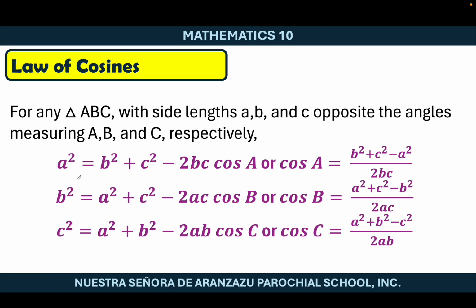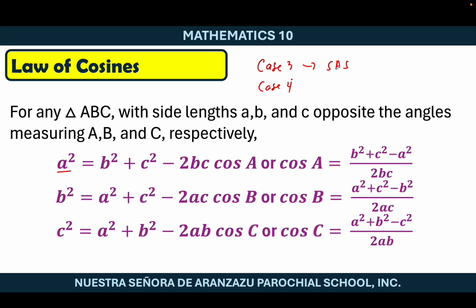Okay? Let's say, ang hinahanap is side A. Okay? Or the missing side is side A. Of course, under the law of cosines, ina-apply natin to for the case 3 and case 4. So, ang didiscuss ko muna ngayon is for the case 3 or yung side angle side.